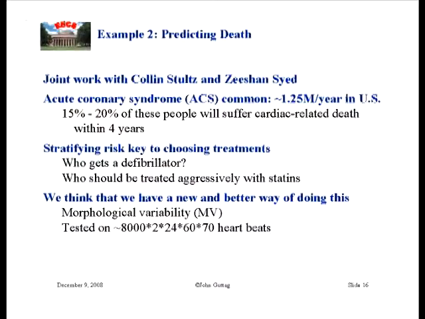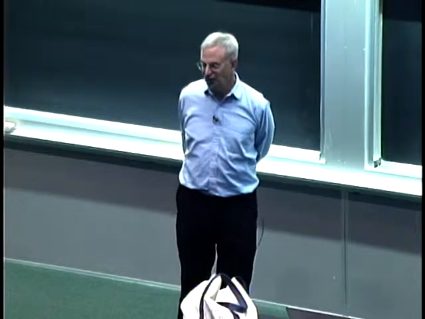All right, one more example. Predicting death. Well, that's kind of ominous sounding. About 1.25 million Americans have an acute coronary syndrome each year. That's to say some sort of a cardiac event, a heart attack or an arrhythmia of some sort, various kinds of things, unstable angina.